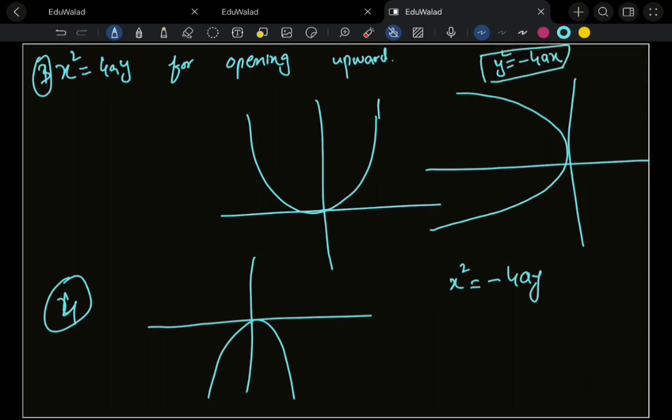The parabola that faces above the x-axis has the general equation x square equals 4ay. If the parabola faces downward along the y-axis, then its equation becomes x square equals negative 4ay.